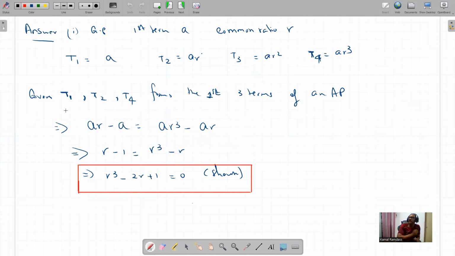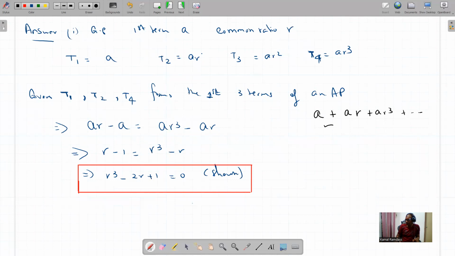Given that T1, T2, and T4 form the first three terms of an AP, the terms are A, AR, AR cubed, an arithmetic progression.